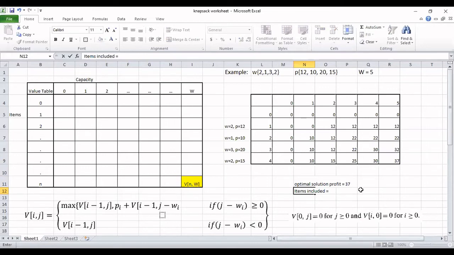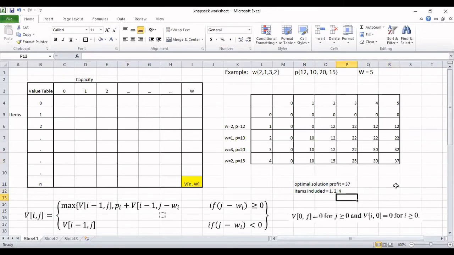Which items have we included now? 1, 2, and 4. So this is our solution. Fine. Once we fill this table, we need to declare the optimal solution: the maximum profit is 37, that's the last cell, and the items which you have included.